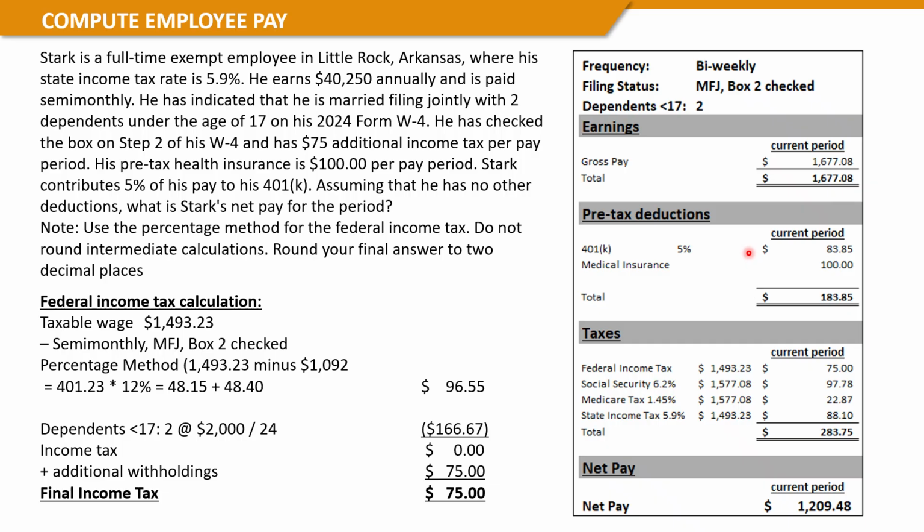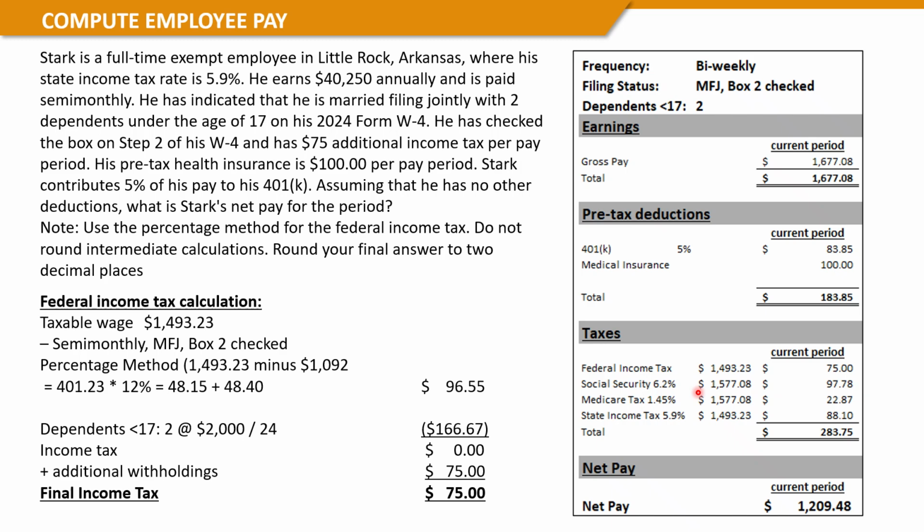That gives us the taxable wage for federal tax, which is $1,493.23. We also need to calculate the taxable wages for FICA, which means that we only deduct the health insurance in our example from the gross wages, which results in $1,577.08.